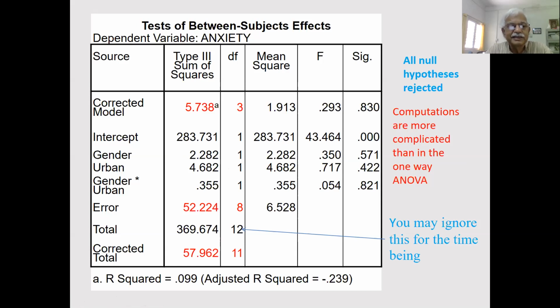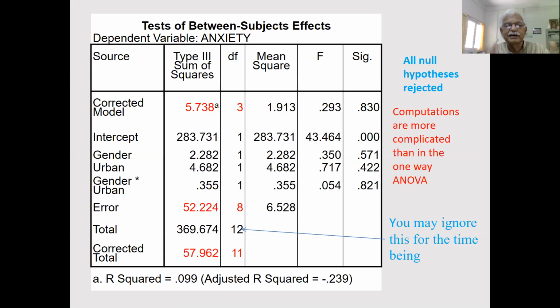Let me repeat. For gender, sum of square is 2.282, and since there are two categories, degrees of freedom is 1, and mean sum of square is also 1. For urban rural categories, sum of square is 4.682, degrees of freedom is 2 minus 1.